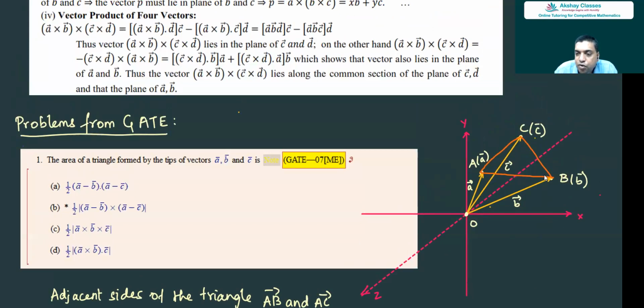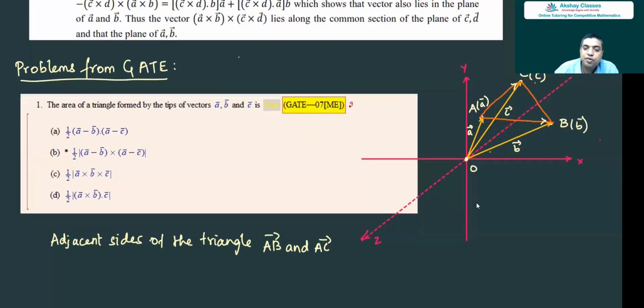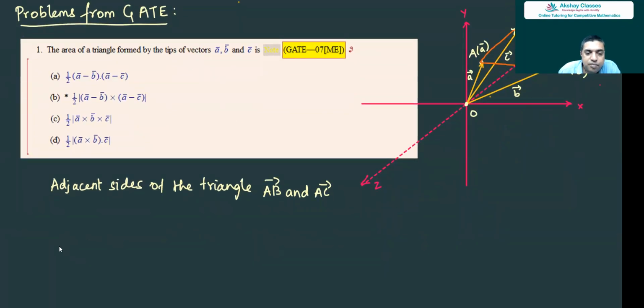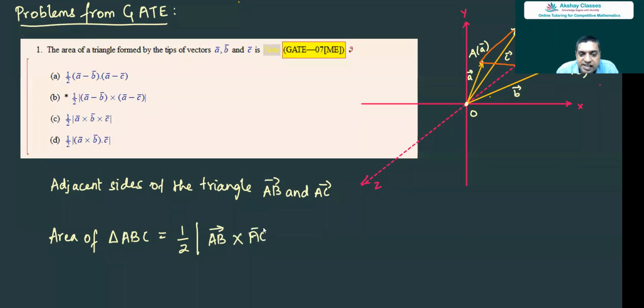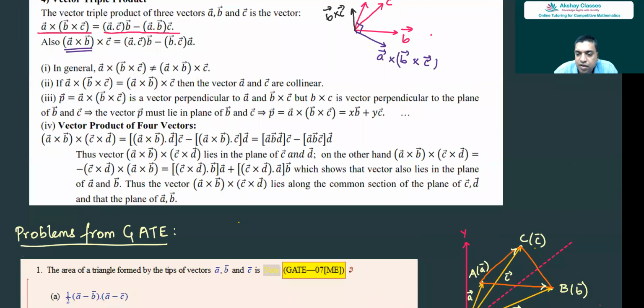Now, when you take the cross product of AB bar and AC bar, that will give you the area of the parallelogram whose adjacent sides are these. Now, the area of the triangle ABC will be half of the modulus of AB cross AC. Correct? Half modulus of the cross product of two adjacent sides of a triangle.